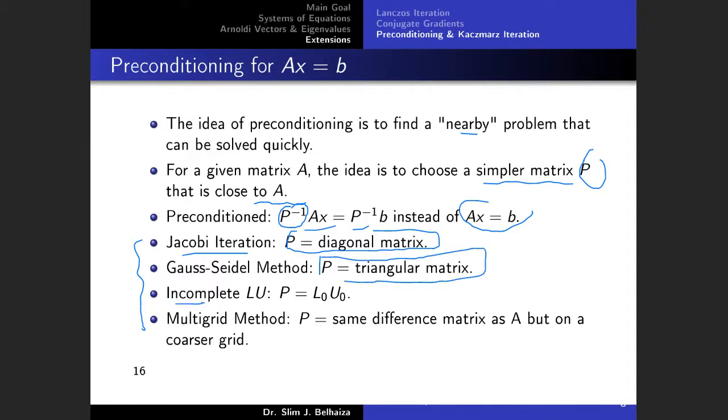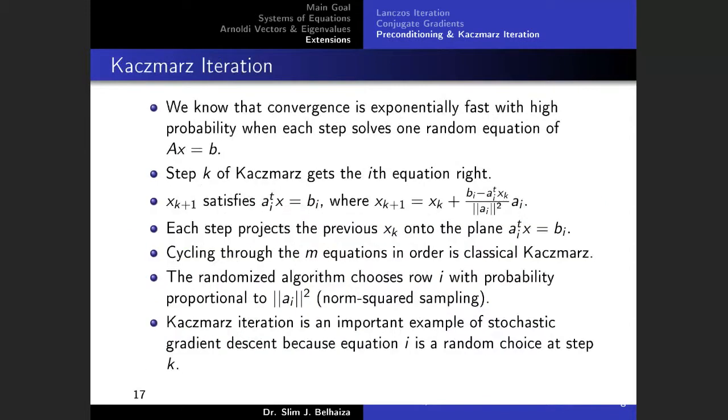You have an incomplete LU, if P is just an incomplete LU elimination factor obtained by an incomplete LU factorization, or what you call a multigrid method, which in fact is based on a coarse grid. So it uses the same difference matrix as A, but on a coarse grid. So it's kind of using a smaller mesh, or let's say, smaller precision. Right. So that was one of the last things.